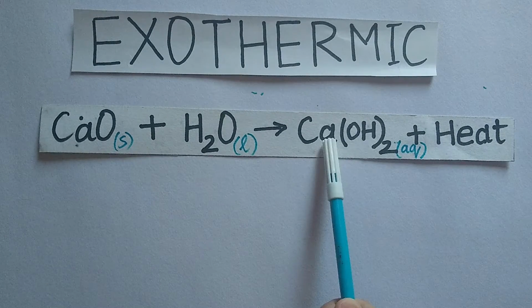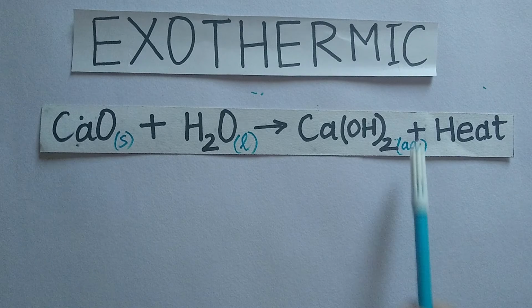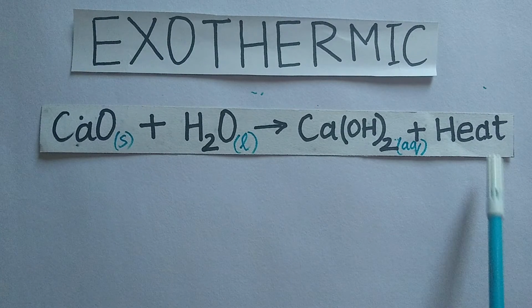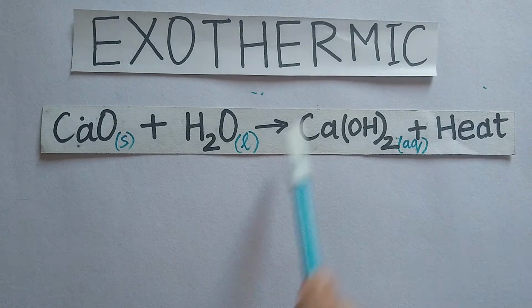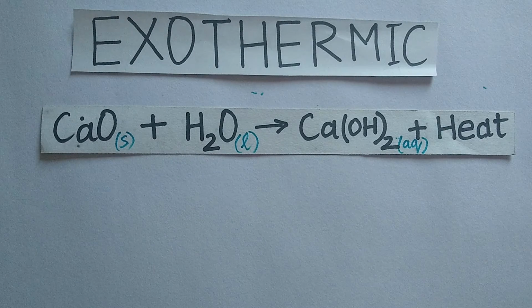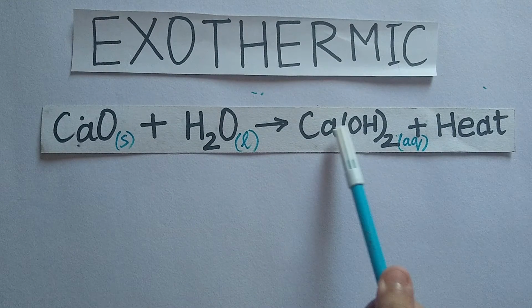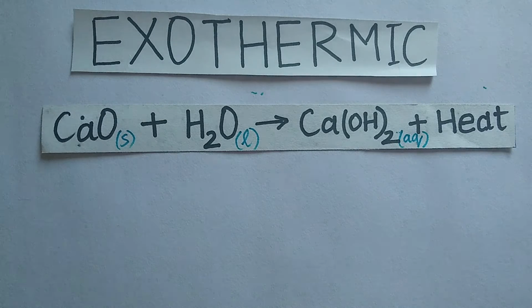And here, along with the single product, heat is also formed, because of which it is a combination reaction, plus it is also an exothermic reaction because of the heat which is given out. Heat is a part of the product side, not the reactant side. Remember that. Alright?